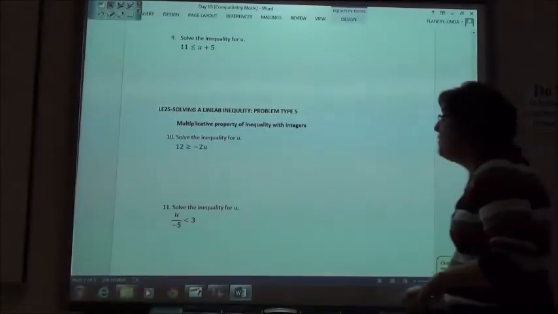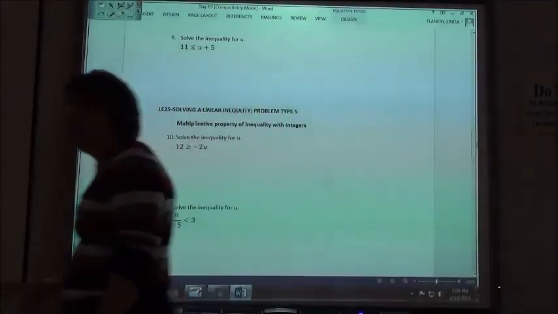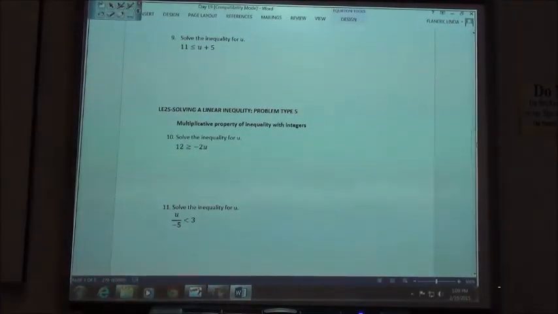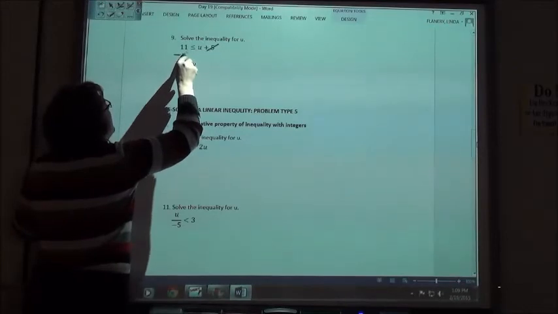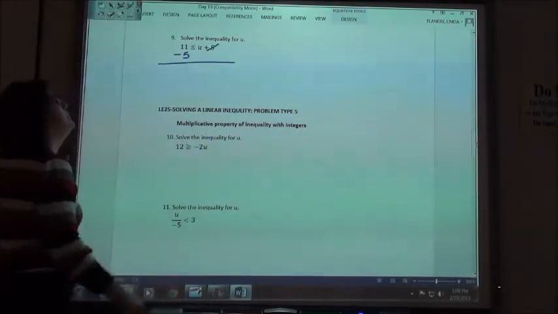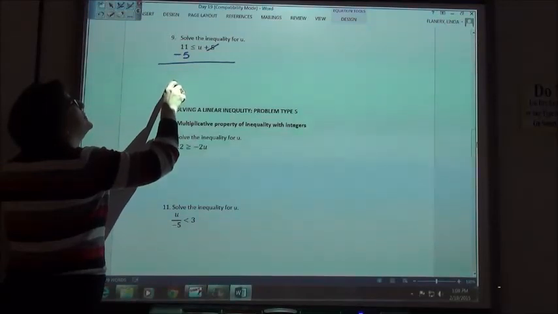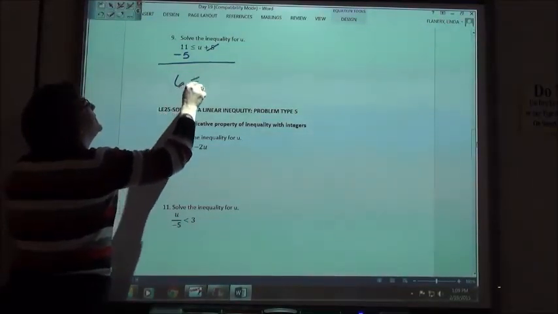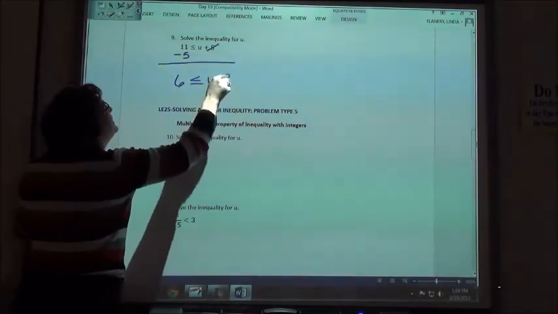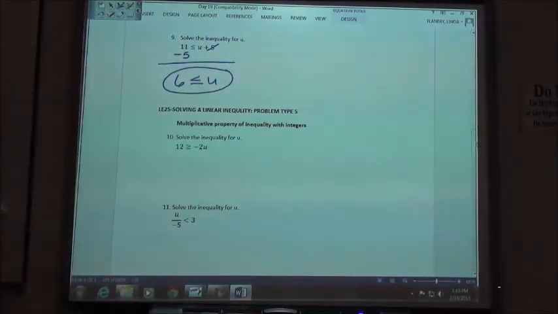So number 9, if 11 is less than or equal to U, you would minus the 5. And your answer would be 6 is less than or equal to U.